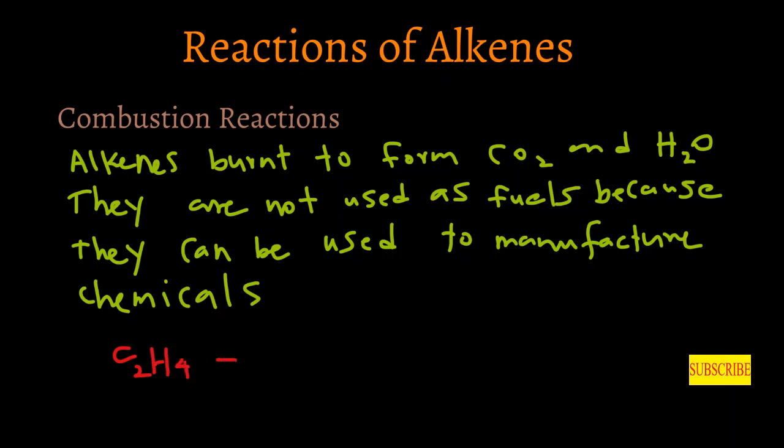When ethene is combusted, it makes CO2 and H2O as previously mentioned. Then we need to balance the number of carbon and hydrogen. Finally, we need to balance the number of O2 molecules.